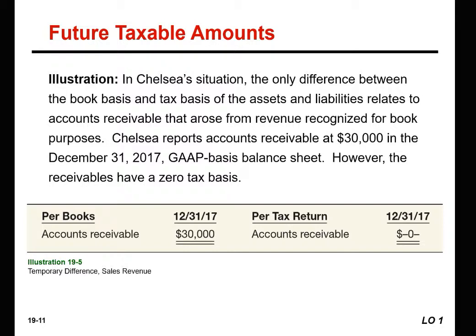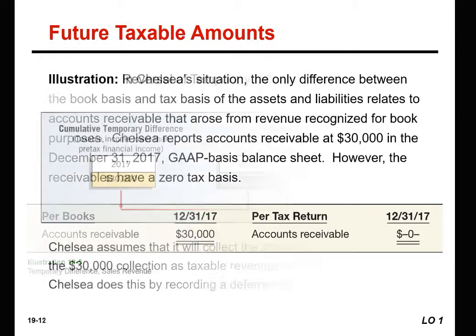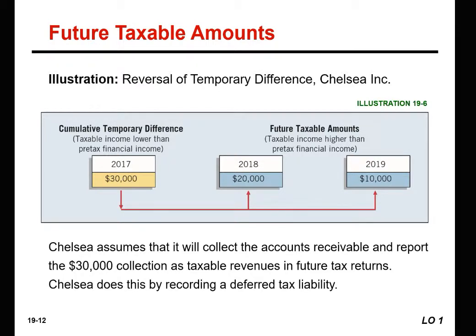However, the receivables have a zero tax basis. Chelsea assumes that it will collect the accounts receivable and report that $30,000 collection as taxable revenue in future tax returns. So what they do is they record a deferred tax liability.